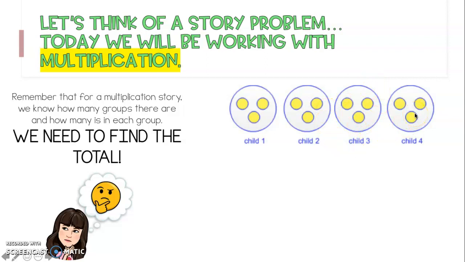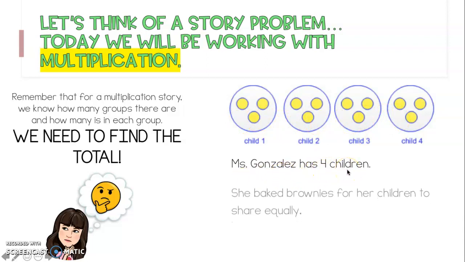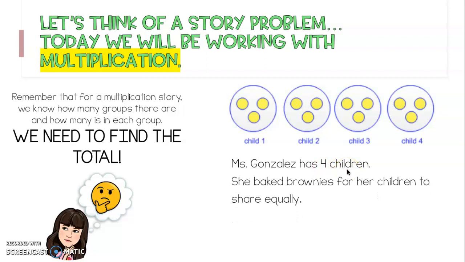So I'm going to start writing my story problem. Ms. Gonzalez has 4 children. Remember, each child represents an equal group. I have 4 equal groups. Therefore, I can say that Ms. Gonzalez has 4 children. She baked brownies for her children to share equally.